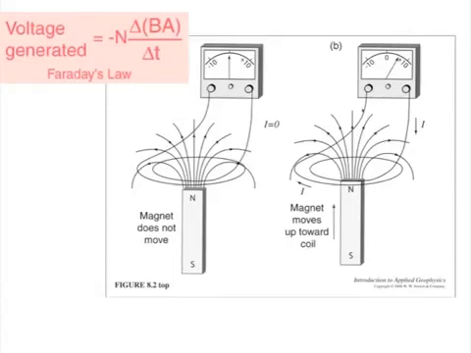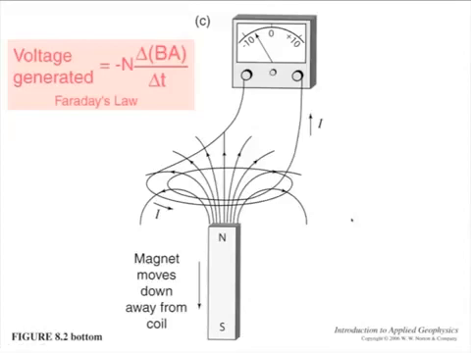We have to have moving magnetic fields, changing magnetic fields. And here we change it by moving the magnet around relative to the coil. Now we have a different direction of change, and we'll get the negative of the voltage.